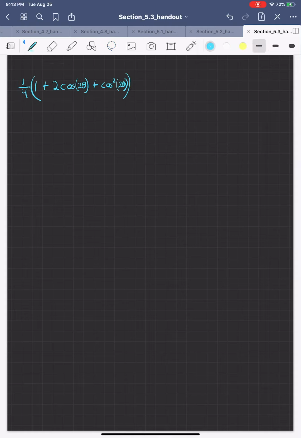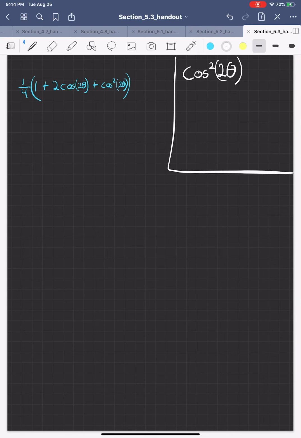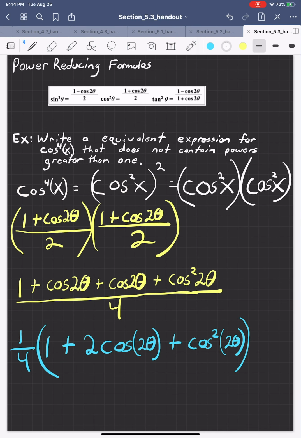All right, so come on back to me. Let's come off to the side here for a second. So cosine squared of 2 theta is what we're going to try to take care of right now. All right, so do you agree?